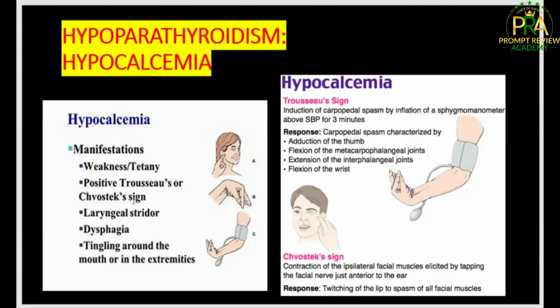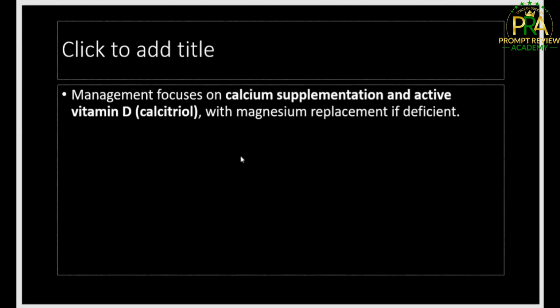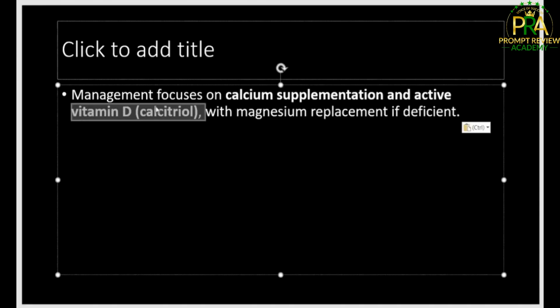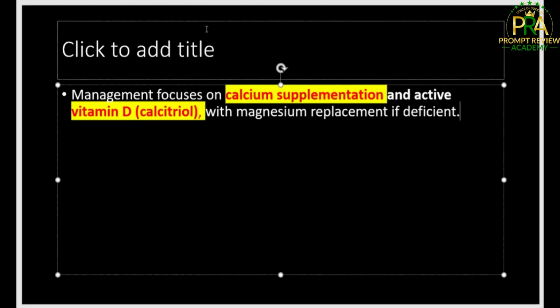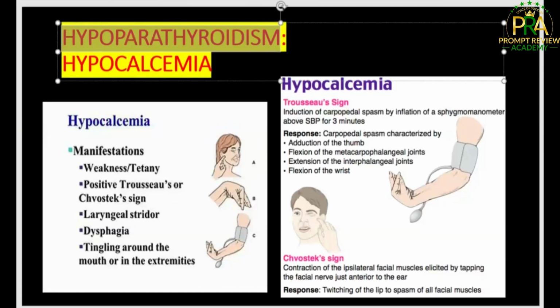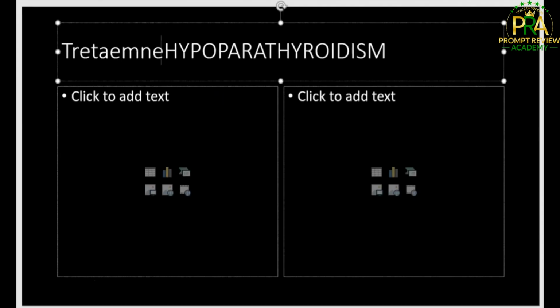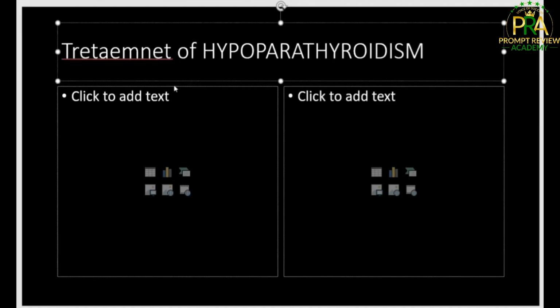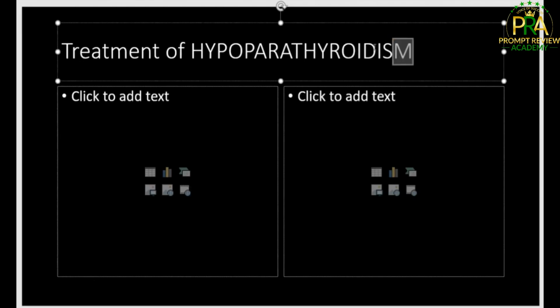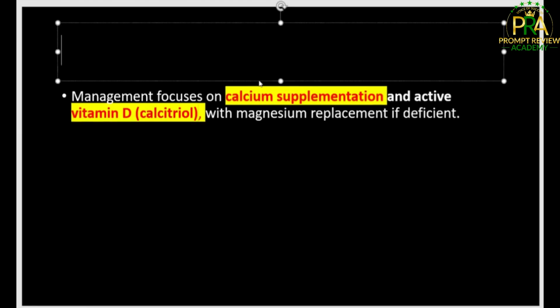So that is the treatment of hypoparathyroidism.